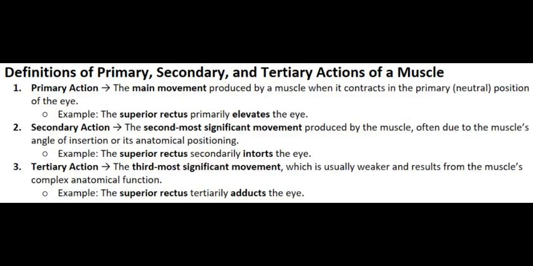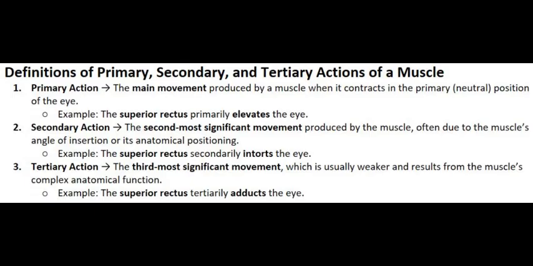So, in summary, the primary action of the superior rectus muscle is elevation due to the location when the eye is in neutral position. The secondary action is intorsion due to the angle, and the tertiary action is adduction due to the complex anatomical location.